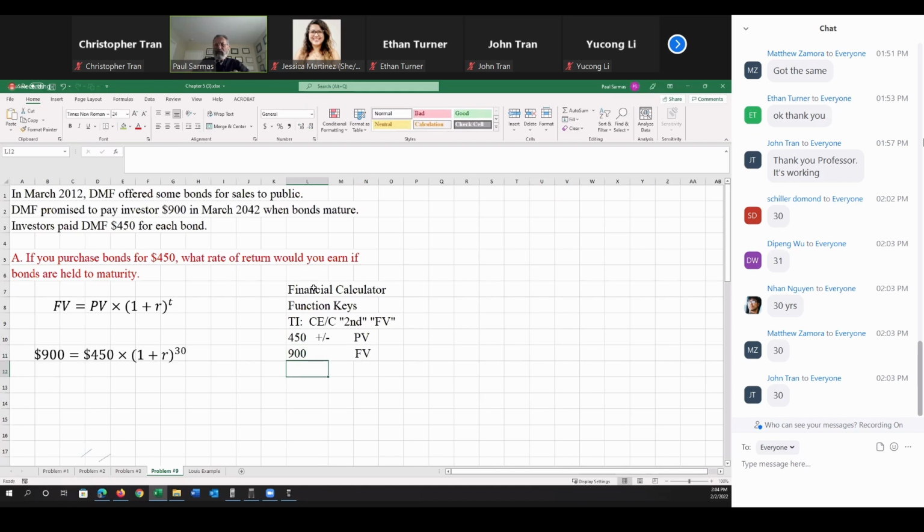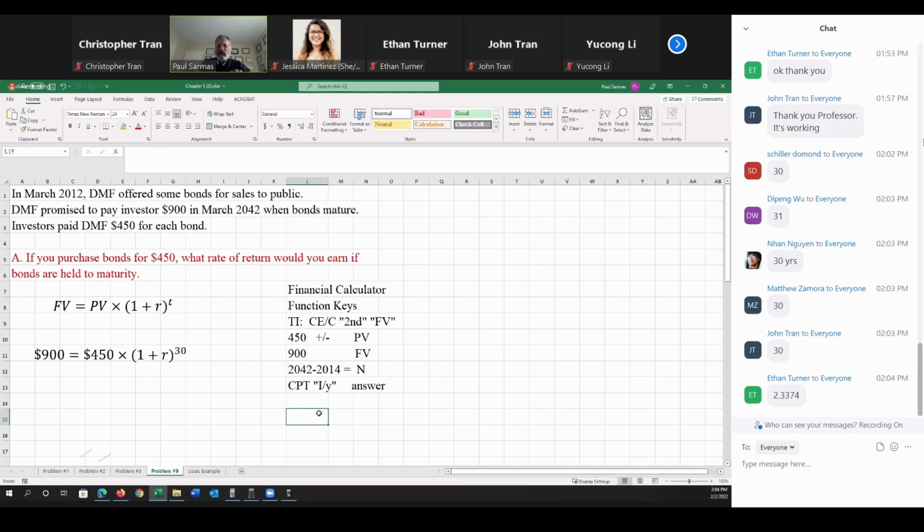This is in order to make sure 2042 minus 2012 equals whatever that is, your N. You compute what you want to know. What is I? What is the rate? That's what you want. You compute that.